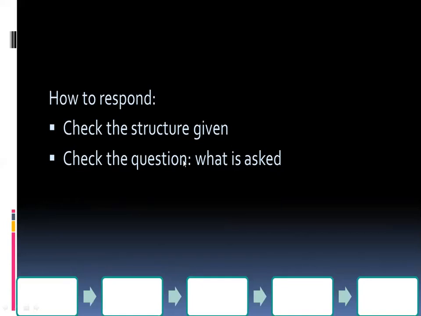How to respond. This part is very important. Check the structure given. There will be a structure given at the beginning of the question. We are coming to that part. You have to check the structure, in which format it is given. Check the question, what is asked. It is very important. If the question wants to know your name, you should not write your friend's name.